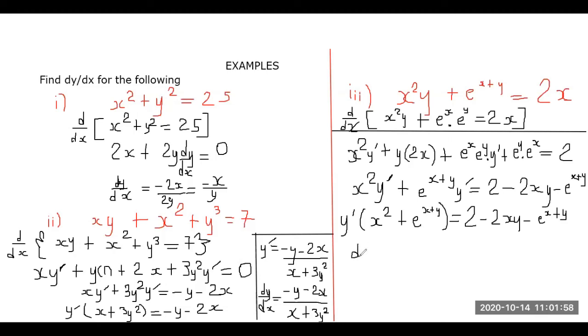And so what we're getting then is dy by dx is going to be equal to, we get 2 minus 2xy minus e to the x plus y, and that's being divided by x squared plus e to the x plus y.